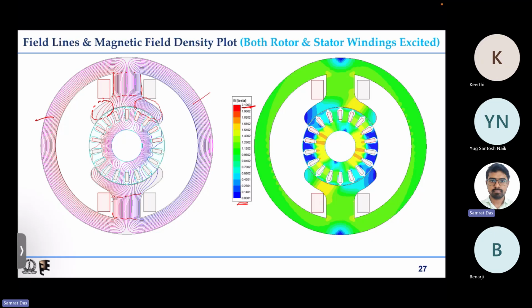That is, you have low flux density on this side of the stator pole, as shown by the sky blue or blue colors. On the other side of the pole shoe, you have yellow or green colors, which indicates reasonably high flux density in this region.